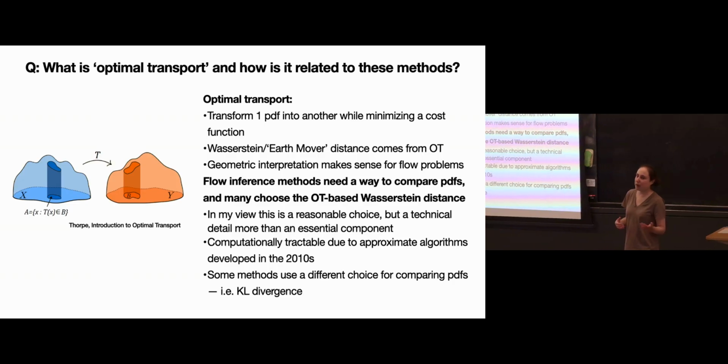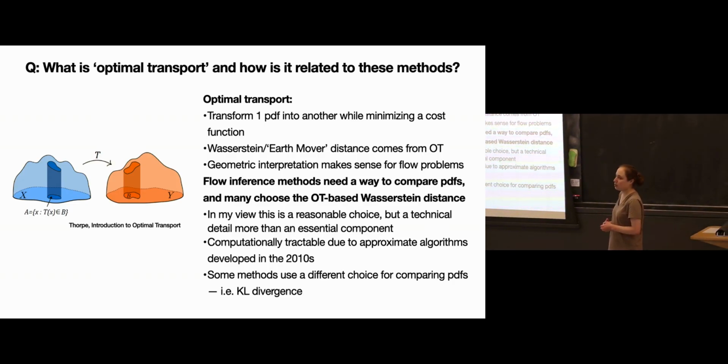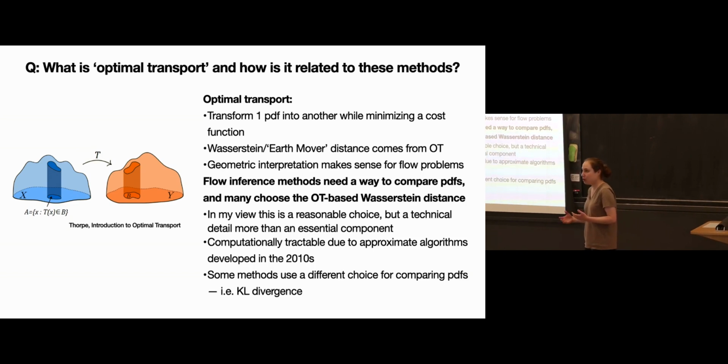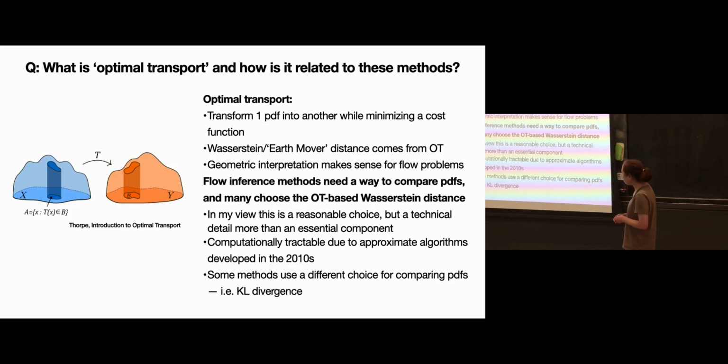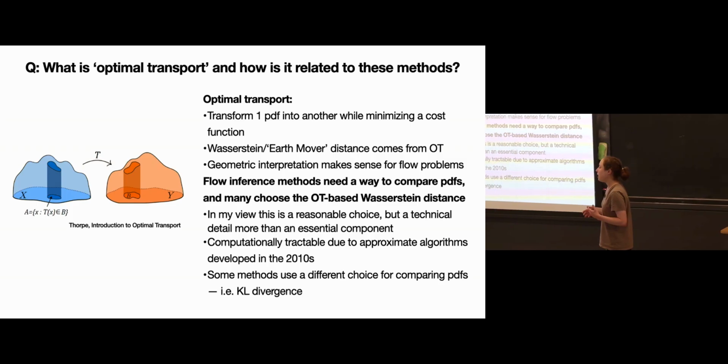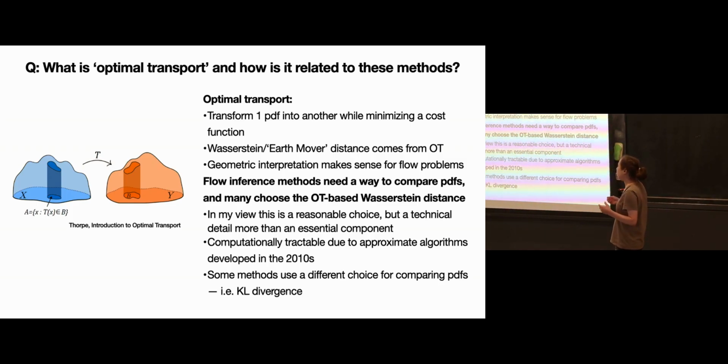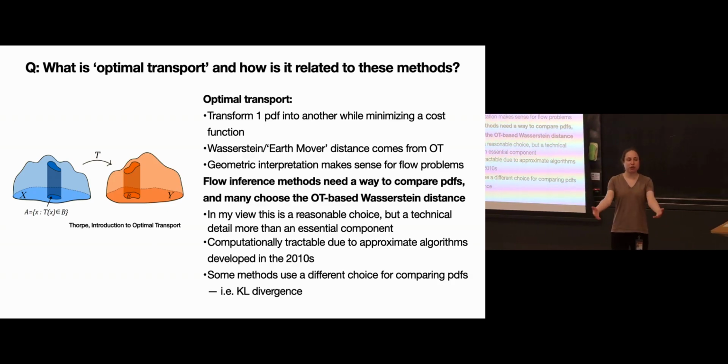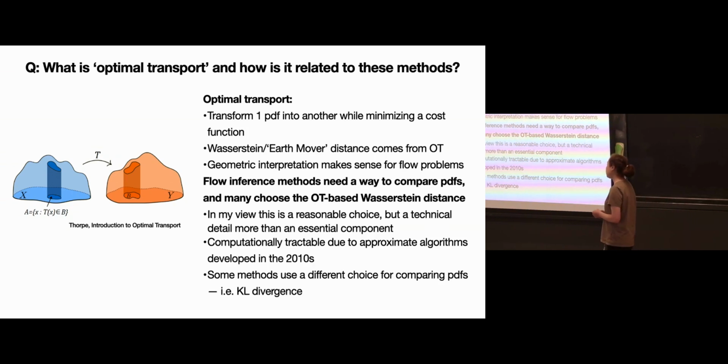There was a lot of mathematical development in the 2010s that made it computationally tractable to compute something called the Wasserstein or Earth Mover's distance. You want every piece of mass to be able to move to some other piece of mass in your new probability distribution, such that you minimize the overall sum over all of those moves. That's the Wasserstein distance, and it's the distance between your two probability distributions.